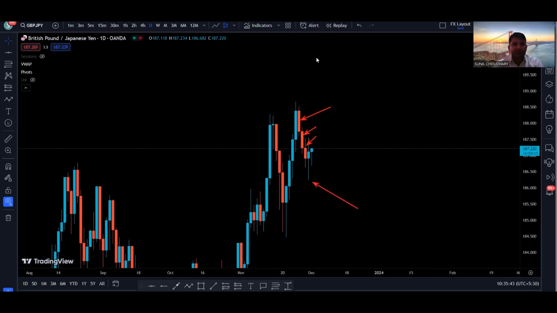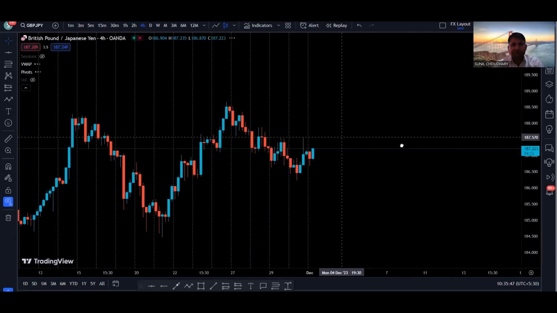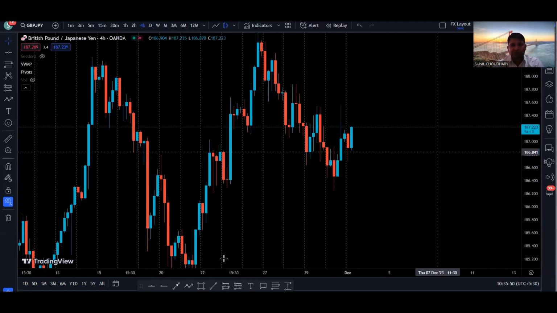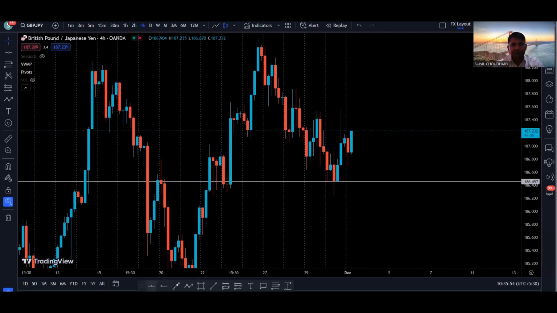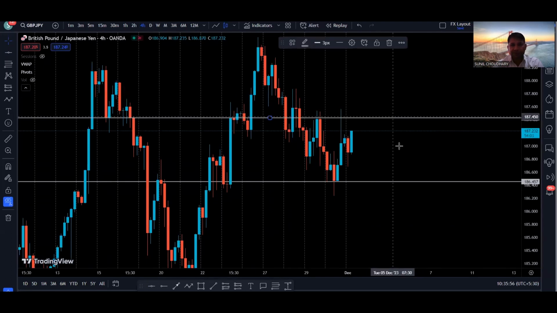So now let's go to the 4-hour time frame and see what is happening on the 4-hour. On the 4-hour, we can see that we have this support and we have this resistance, right? So we can see on the 4-hour time frame that the last 4-hour candle closed bearish, but respecting this support.